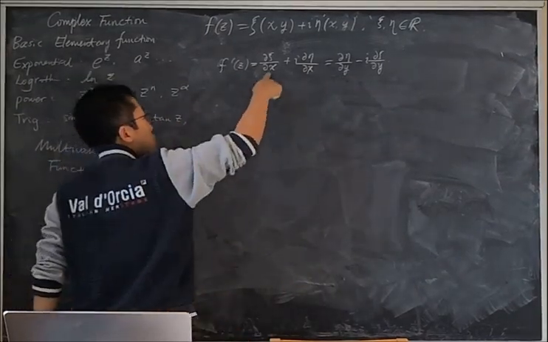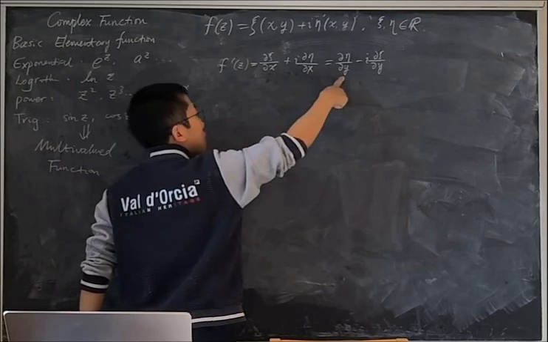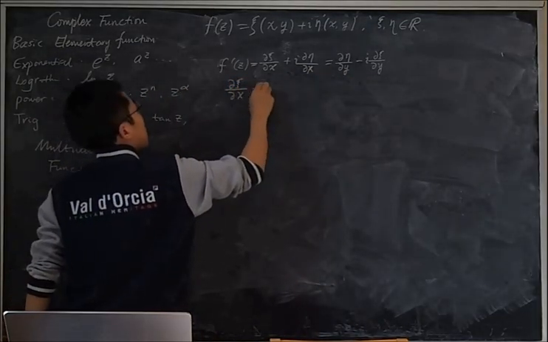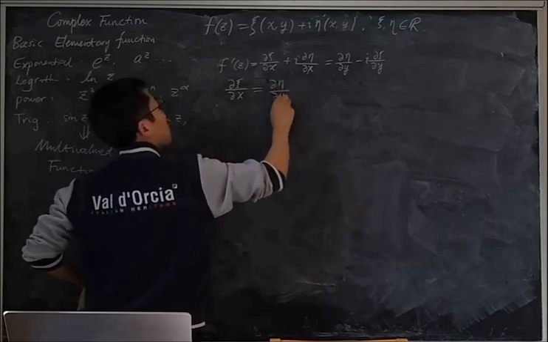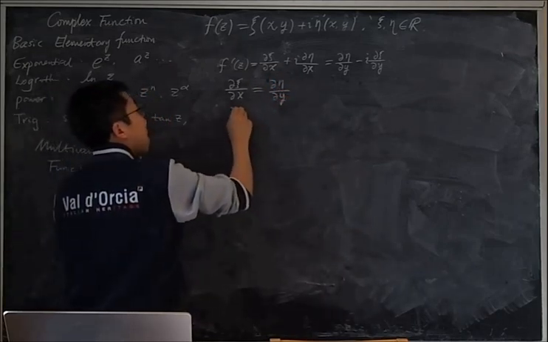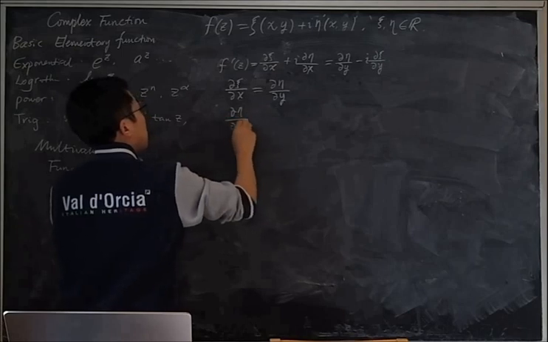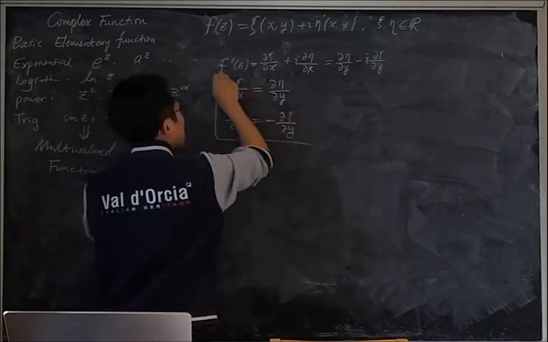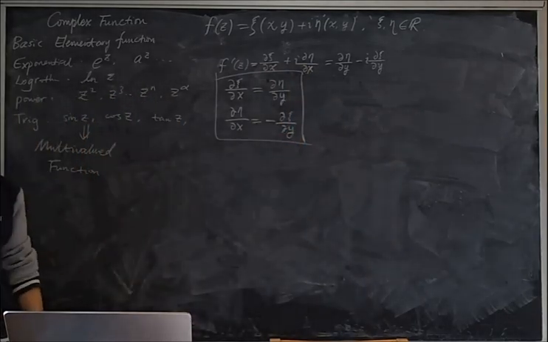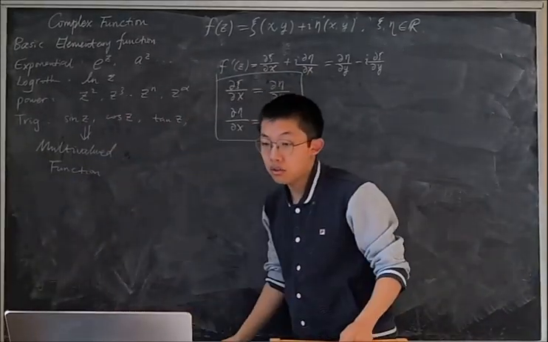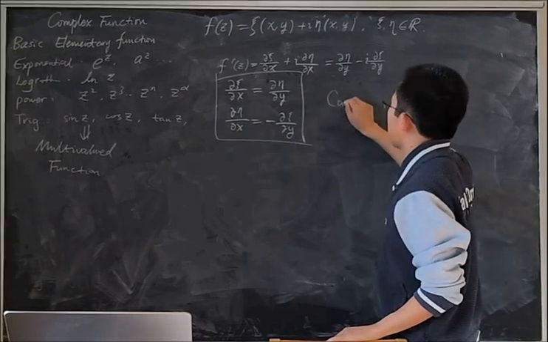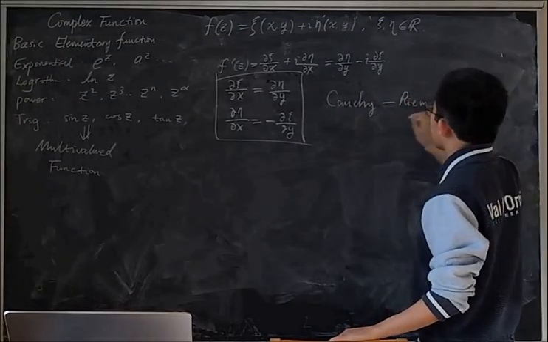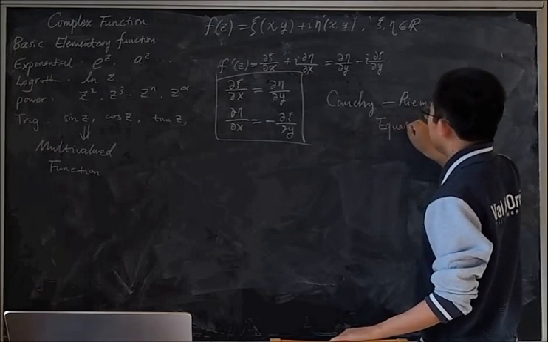Obviously, this real number plus I times real number, minus I times real number, we must have these two equations. And these two equations are actually called the Cauchy-Riemann equations.